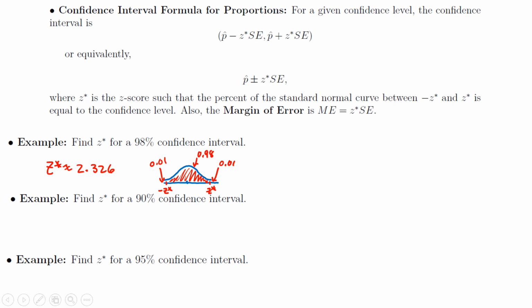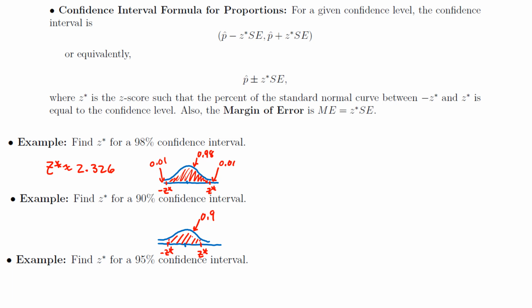If we do the same thing for the 90% confidence interval, again, let's sketch a little picture. This time I'm going to leave a little bit more out on the edges, so negative z star up to z star should give us 90% right there in the middle.